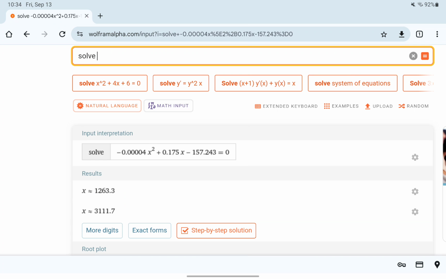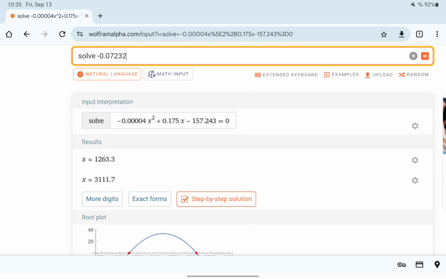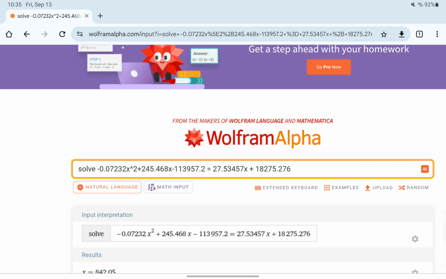Again, what we'll do is simply solve our revenue equation equal to our cost equation. And evaluate.